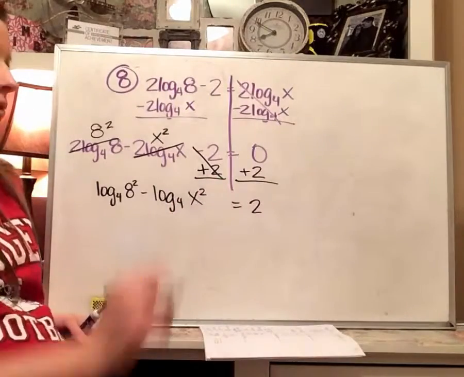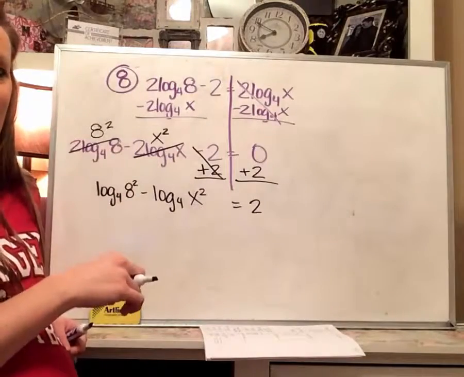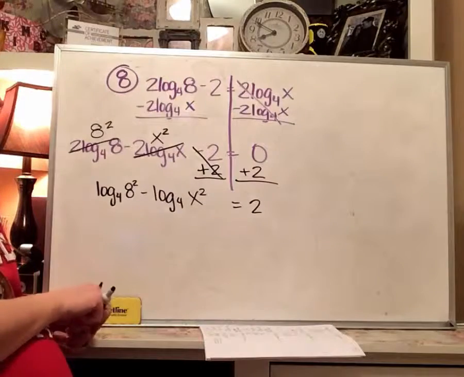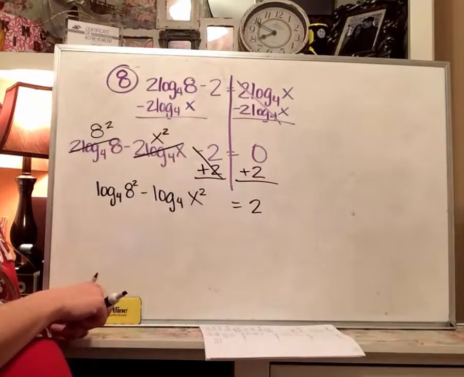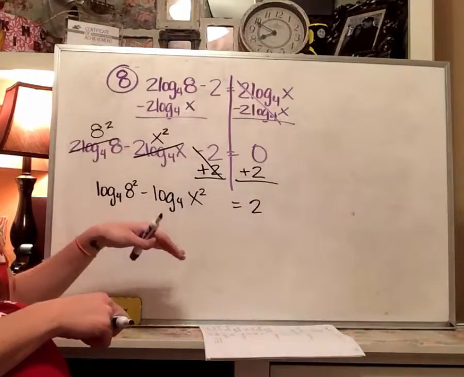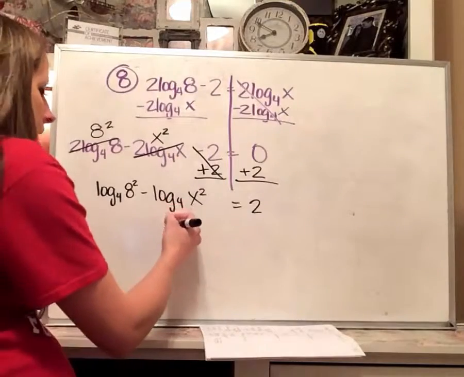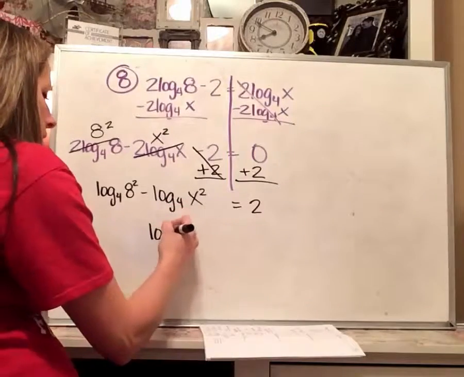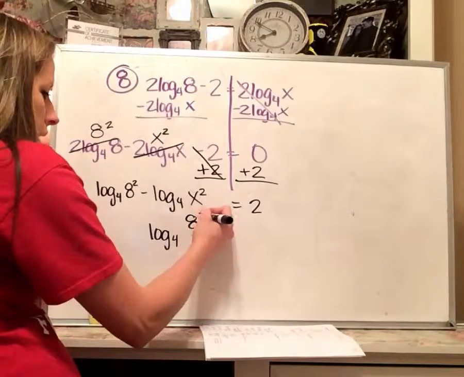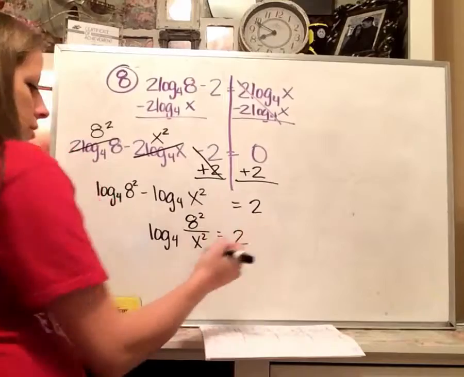If you don't remember these laws of logarithms, you need to go back and look at those notes. Another law of logarithms is that whenever you're subtracting and you want to condense it, you're going to divide. So log base 4 of 8 squared divided by x squared equals 2.